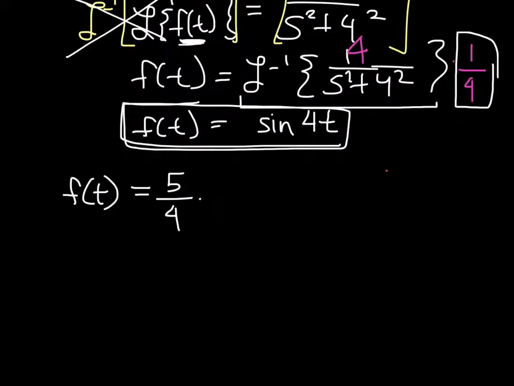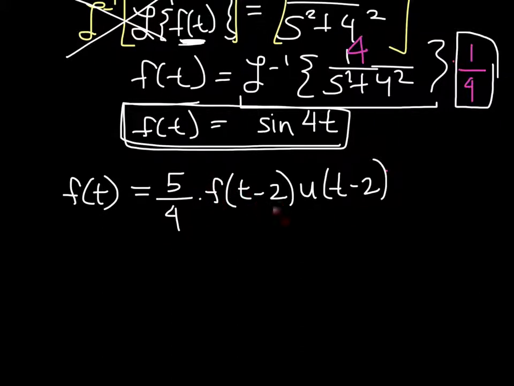And this is times f of, we're going to shift to the right by 2. We definitely have a unit step function that's going to shift at 2. We're describing this function that's shifting 2 units to the right.